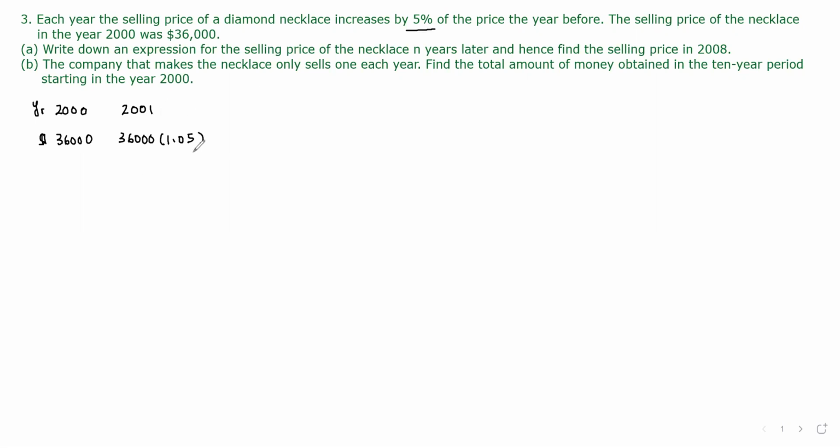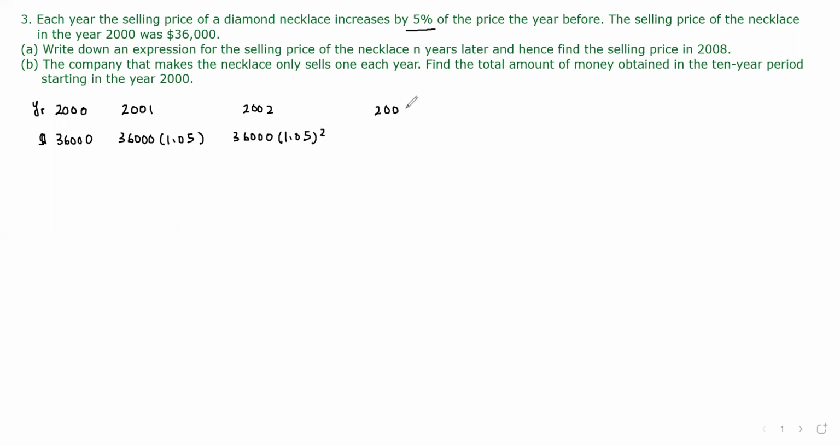That will give you a 5% increase. And in year 2002, you have 1.05 multiplied by the price for year 2001. So in year 2002, the price of the necklace would be 36,000 times 1.05 to the 2.